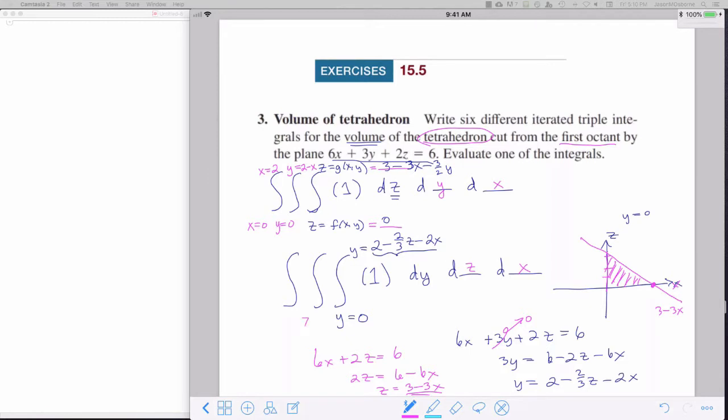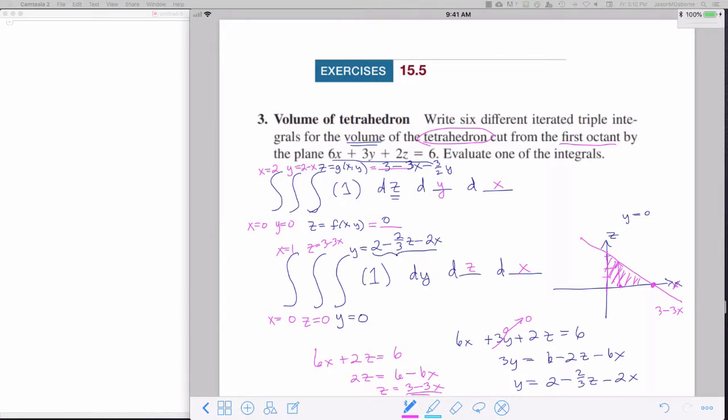So z can be some function of x. Z would go from 0 up to that line, z equal to 3 minus 3x, and x then would go from 0 to x equal to 1.